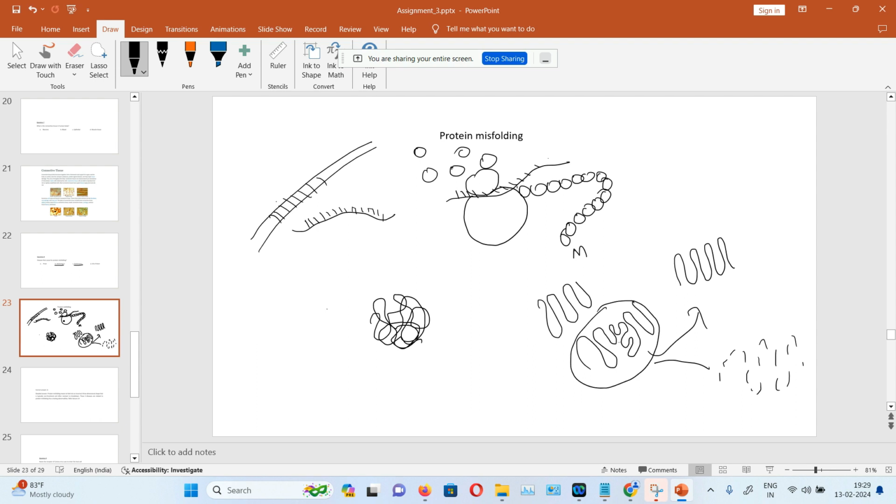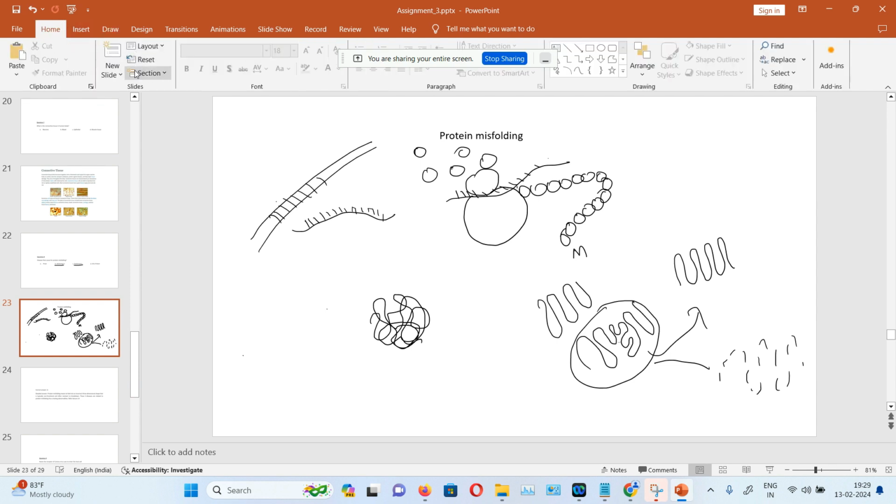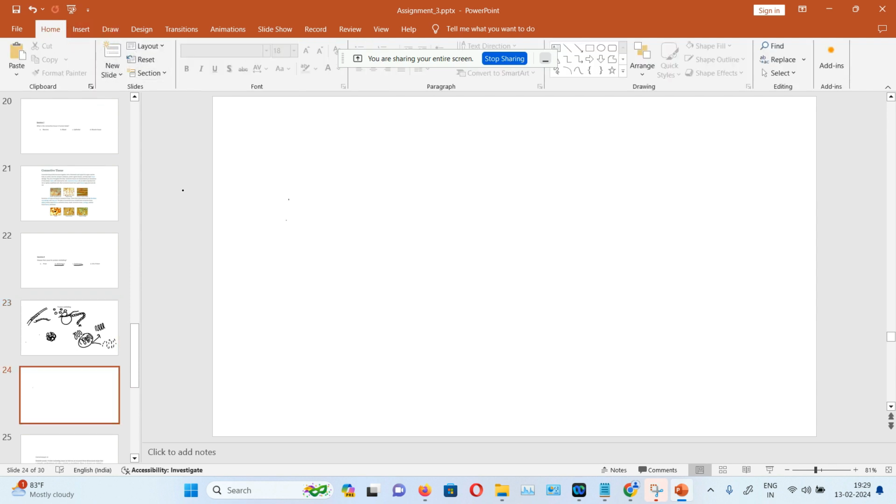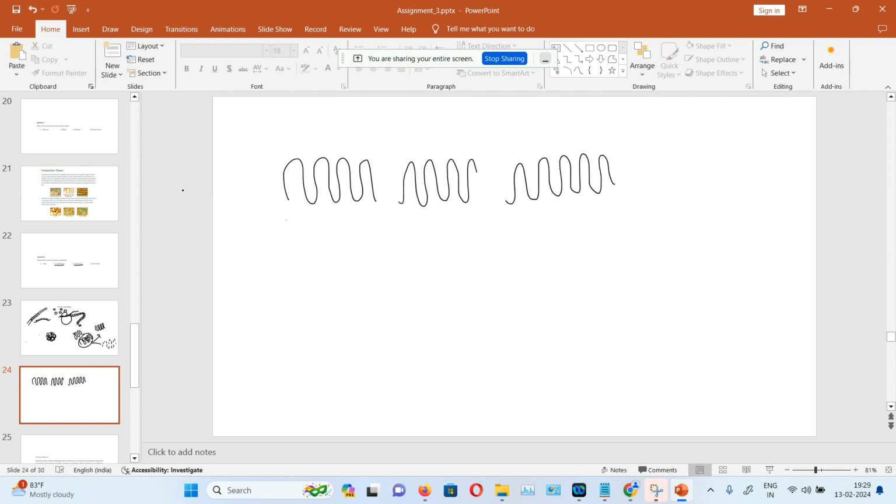But in the case of the prion protein, there's one more problematic thing. See, this is a normal protein. A lot of normal proteins are synthesized. And due to some reason, this prion protein is misfolded.